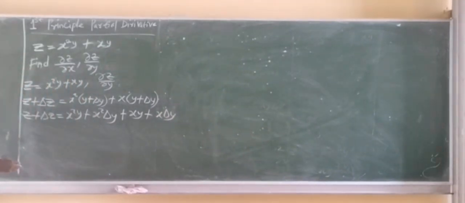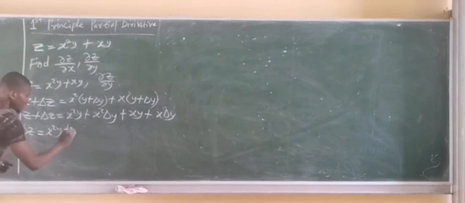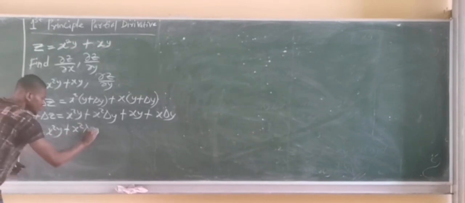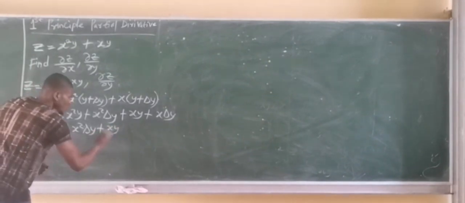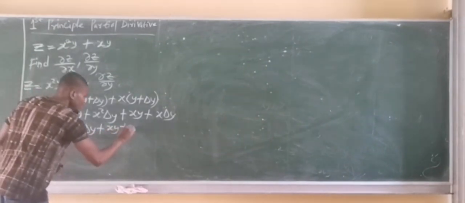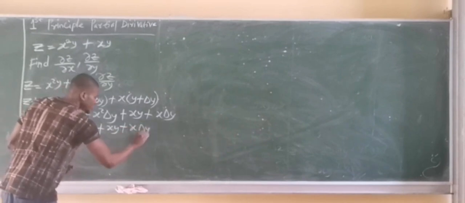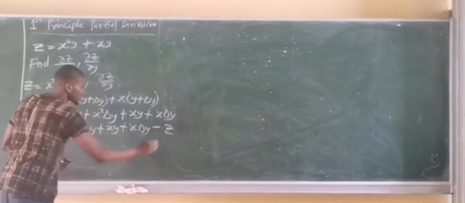At this point, let me send z over to this side of the equation, keeping change in z. So I have change in z equal to x squared y plus x squared change in y plus xy plus x change in y minus z.